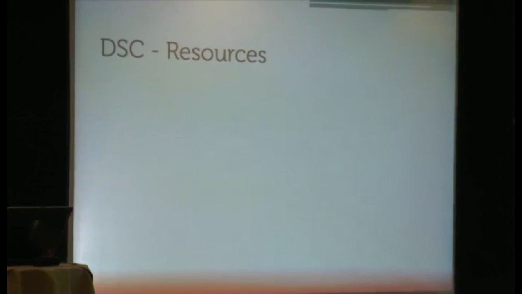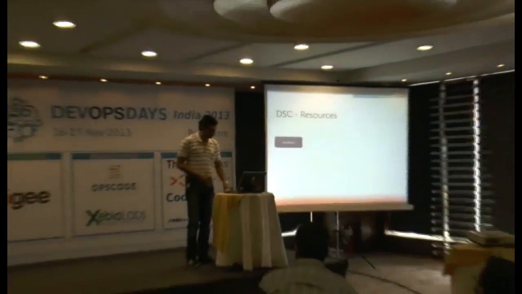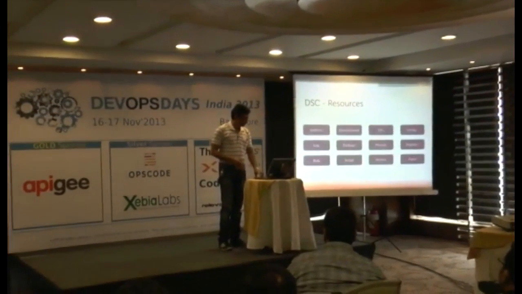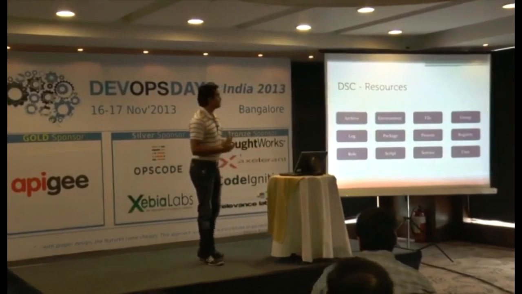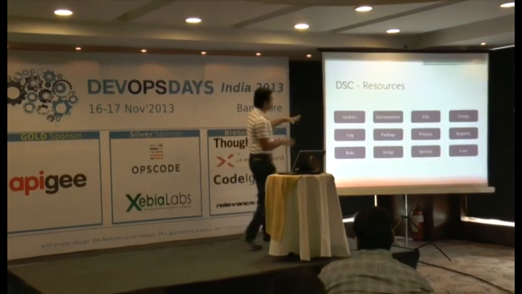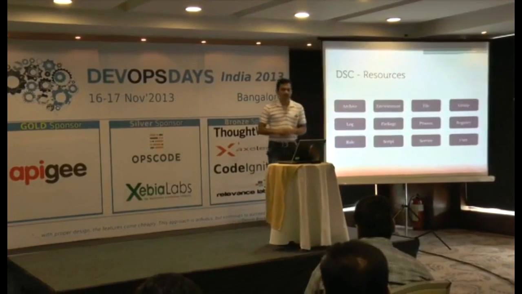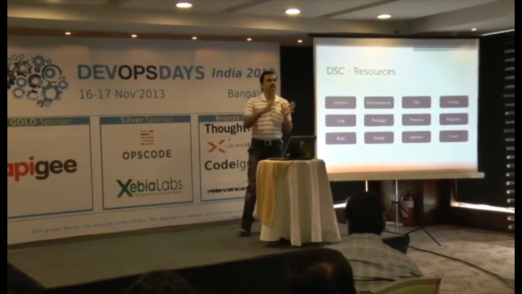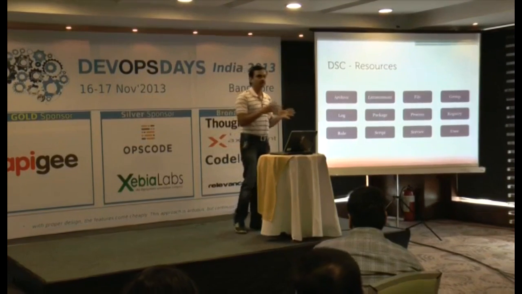Microsoft also created some built-in resources to start with. For example, these are all the built-in resources Microsoft already has within the DSC feature. I can use Archive to extract files, etc. to a remote system. I can set environment variables. I can have a File resource which copies folders and files to a remote system from a network share or wherever.